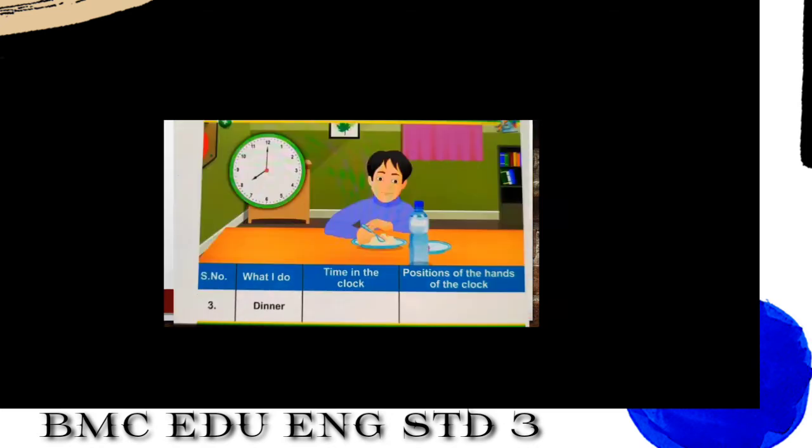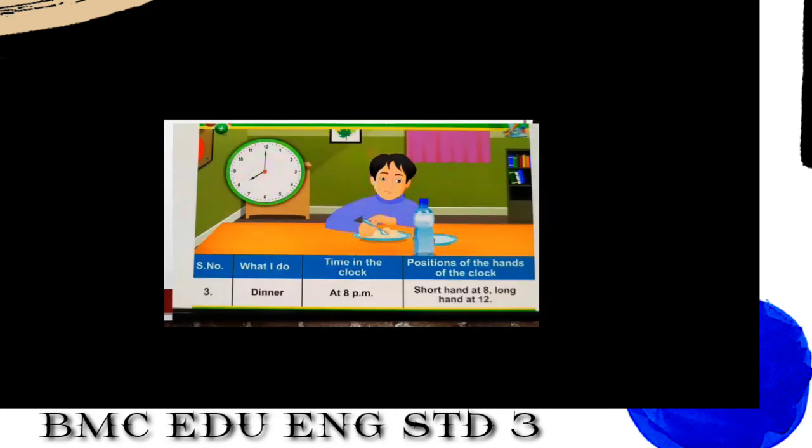The next is dinner. This boy is having dinner at 8 o'clock. So the time in the clock shows 8 p.m., 8 o'clock. And the position of the hands of the clock, short hand at 8 and long hand at 12. So in this way, you are going to write in the given table.